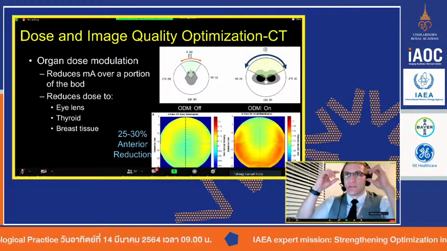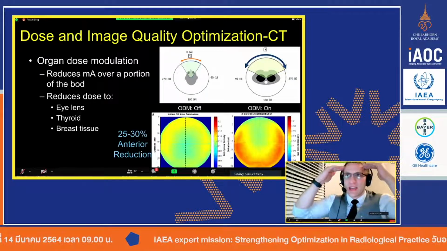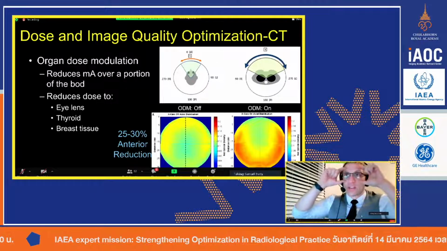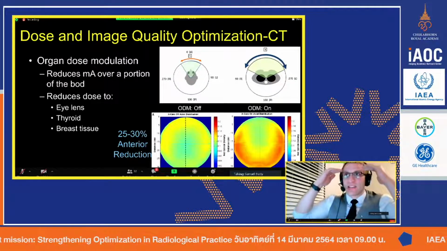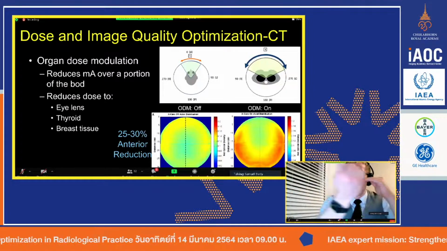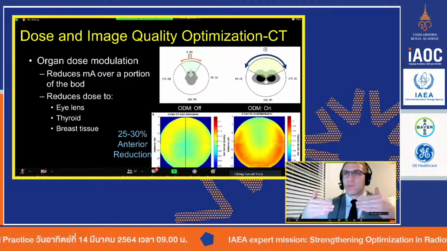And then the system knows as it's going, tube current modulation might be on, and it's scanning. But when it gets to the point where you said organ dose modulate, then as it scans through that area, when the CT scanner spins over anteriorly, it will immediately reduce the output.